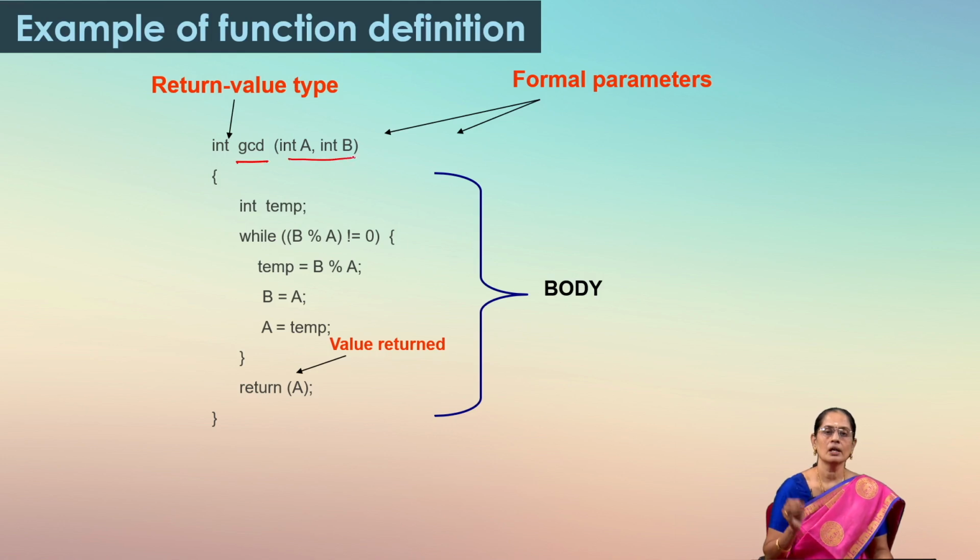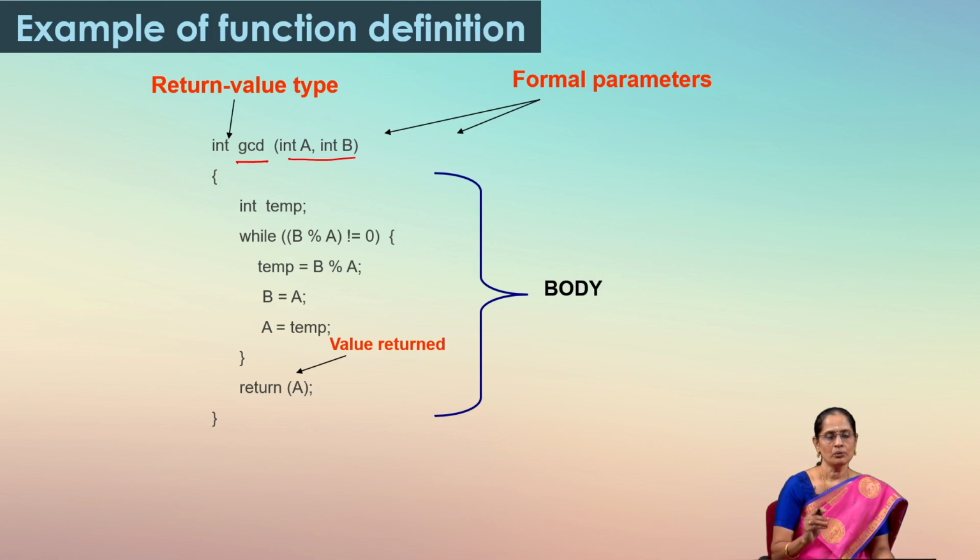Here you can see a parameter list, A and B. One thing we are supposed to note is that every parameter we pass on to the function has to be declared separately, in the sense that the data type should be specified for every parameter individually. Even though both the parameters are of integer type, we have to specify int A and int B separately.